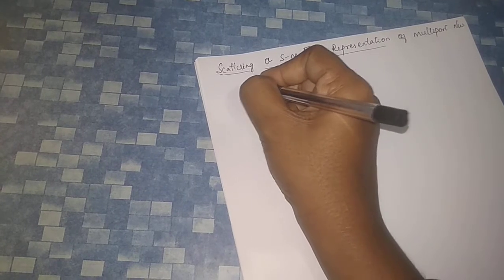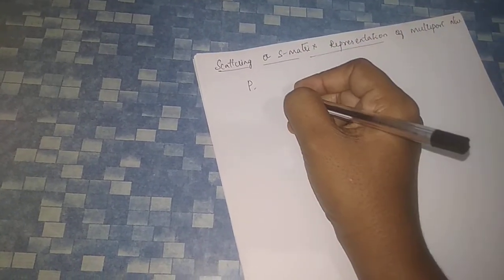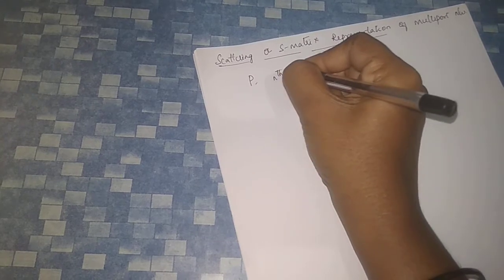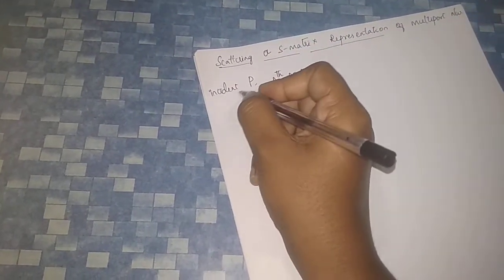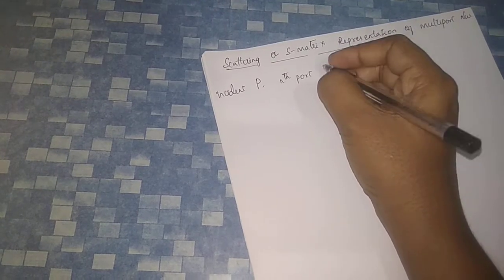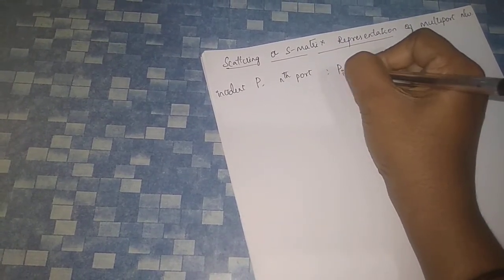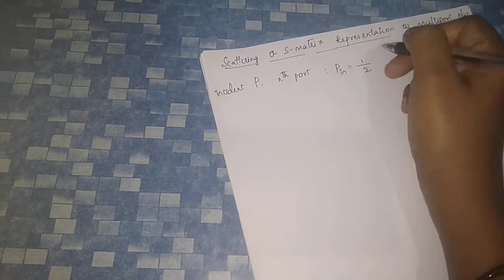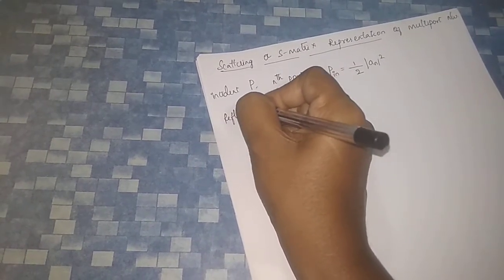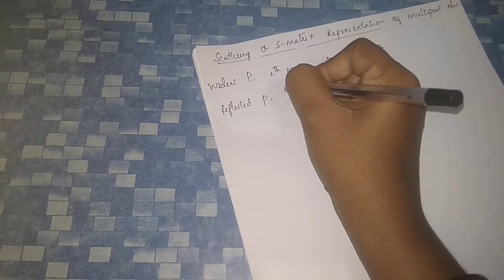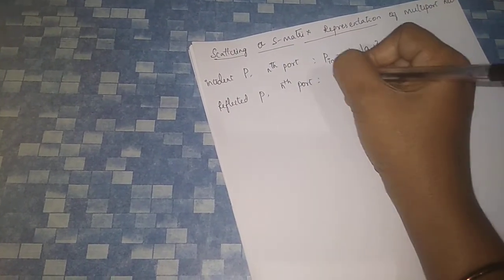For an incident wave, let me take total power P. For the nth port, this is for incident. The incident wave power at the nth port, Pin, will be equal to half into magnitude of An square. For the reflected power at the nth port, you can give Prn.